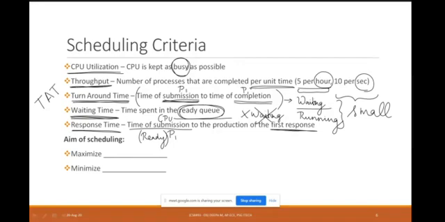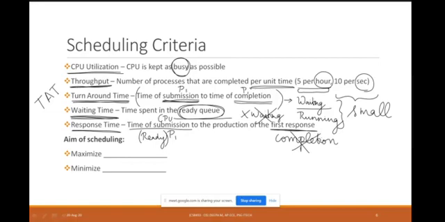Not the completion. Whenever I get the first output from the process, that is my response time. So these are some of the scheduling criteria which will be considered for scheduling the processes.